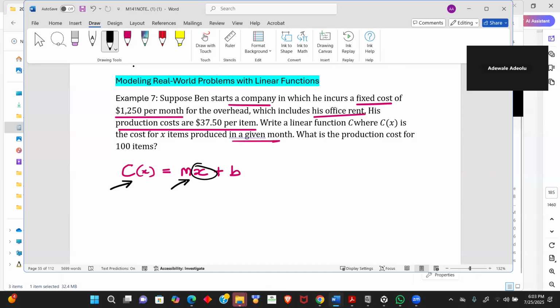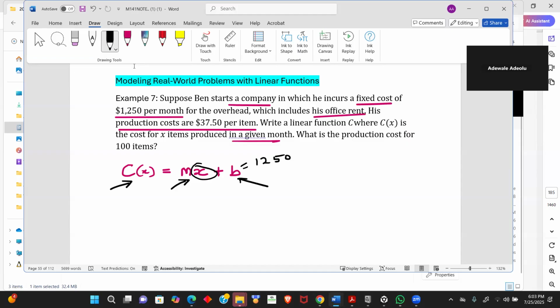This is always the variable, the item, so you leave it as x. Then do we know the starting point? That is when Ben hasn't produced anything. The y-intercept, the cost intercept in this case, right? Do we know it? Yes, we know it. It is 1,250.